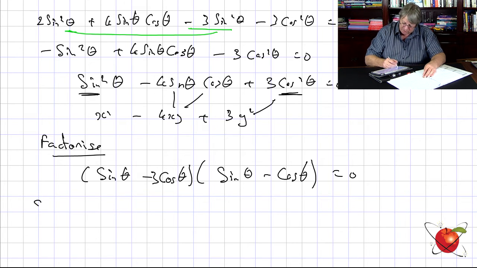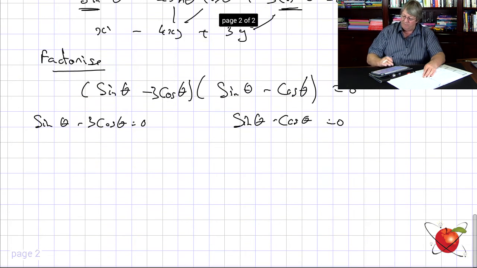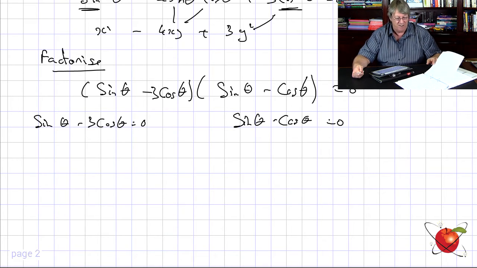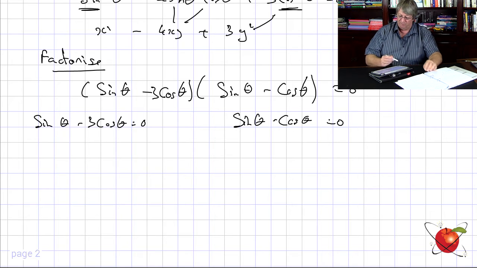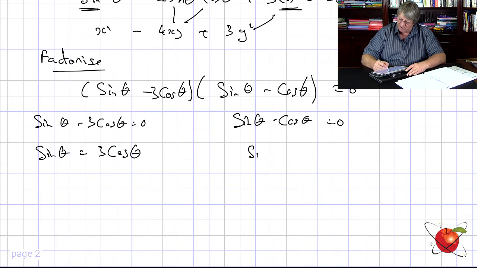Therefore, we've got two things: sine theta minus 3 cos theta equals 0 and sine theta minus cos theta equals 0. Now it's quite straightforward, I'm going to solve them. Sine theta is equal to 3 cos theta and sine theta is equal to cos theta.